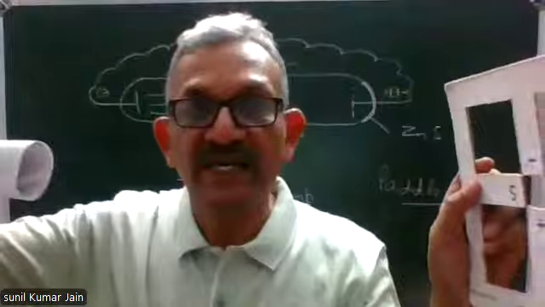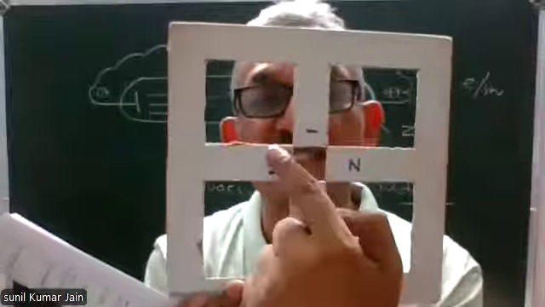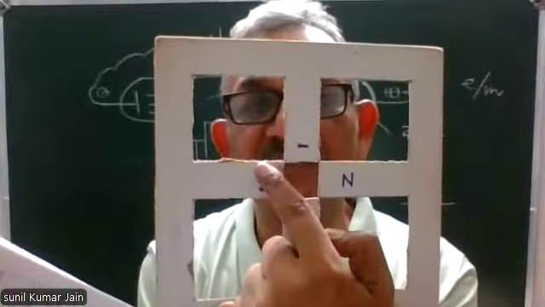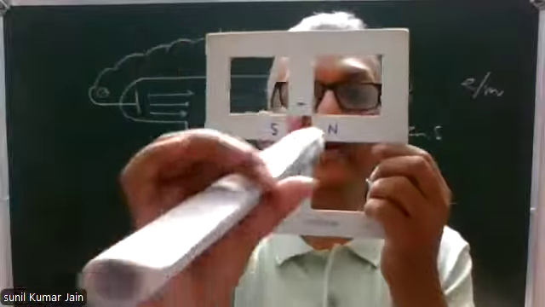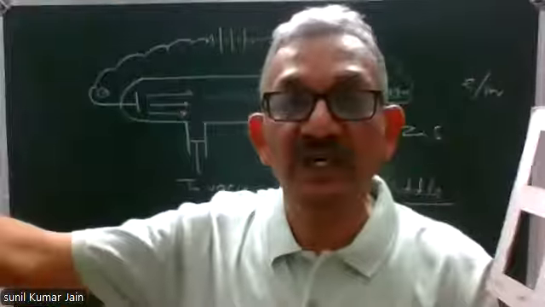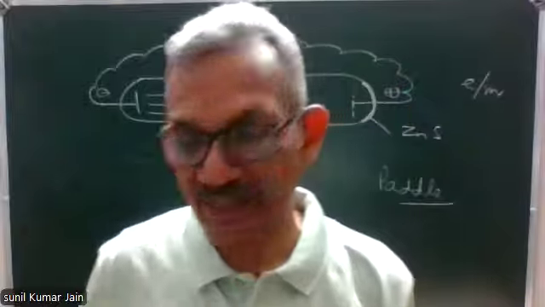It means these cathode rays and these two fields, electric and magnetic, are perpendicular to each other, and they will also be perpendicular to the cathode rays in which they are moving.